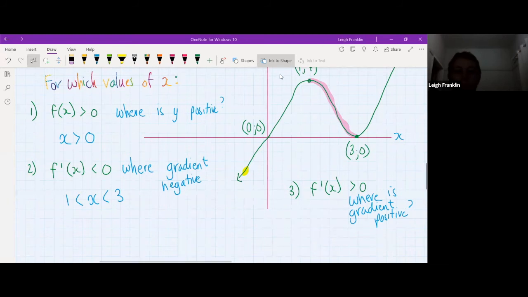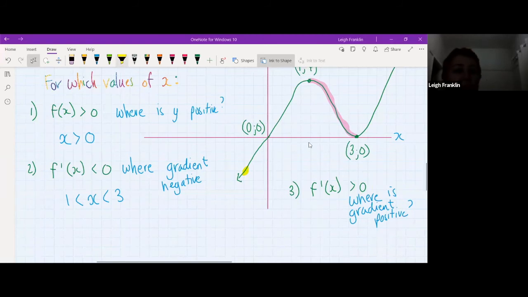What would be negative where the dot is yellow? Y would be negative. So at the yellow dot, f of x is negative, but f prime x is positive because we are walking uphill. We are below the x-axis where y is negative, but it's still increasing.